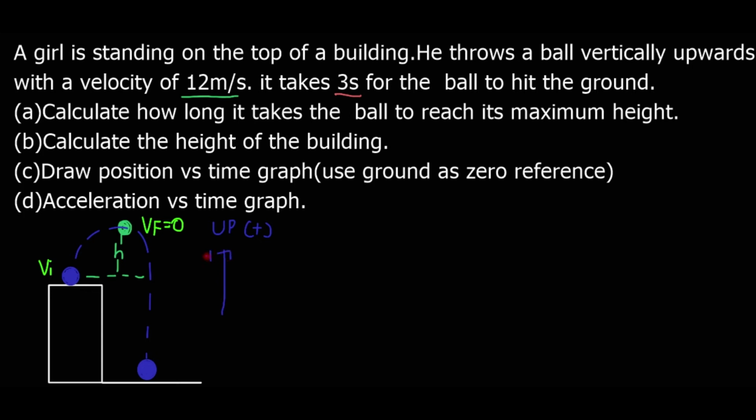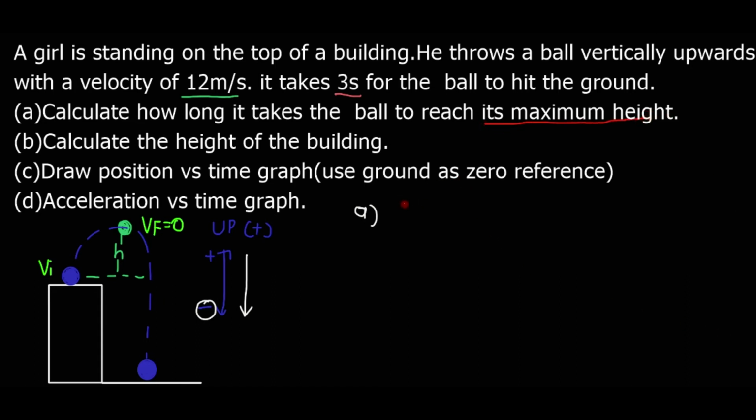If we choose upward as positive, this means downwards is negative. And we know that acceleration is always downwards. So this means our acceleration will be negative because it's in the negative direction. Part A, we find the time of this object at the maximum height.